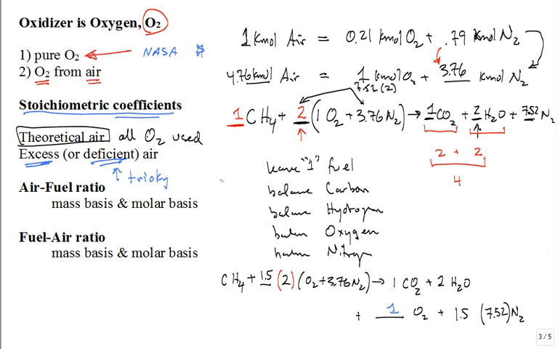If you don't have enough air, maybe it tries to go to CO2, but some of it stops at CO. So it's going to be more difficult because you could have some carbon monoxide when you have deficient air. Okay? You're not likely to have a lot of it, but just enough will mess up your calculations. Or you could have just some CH4 go out, unburnt fuel. Just the fuel itself went out.